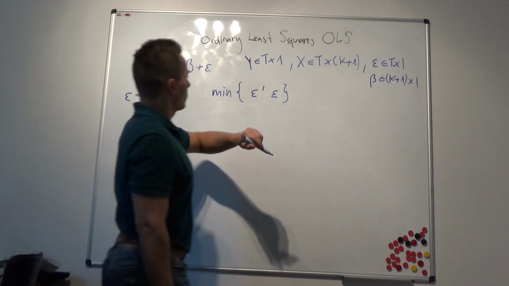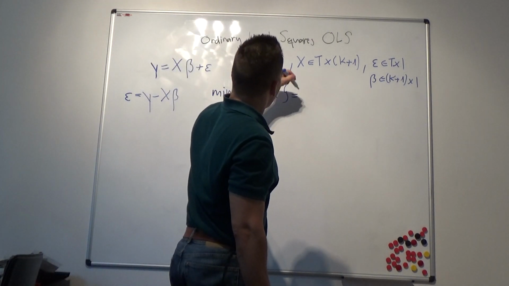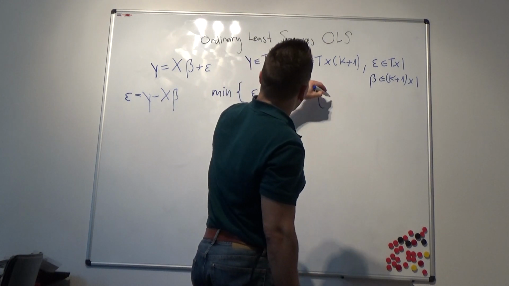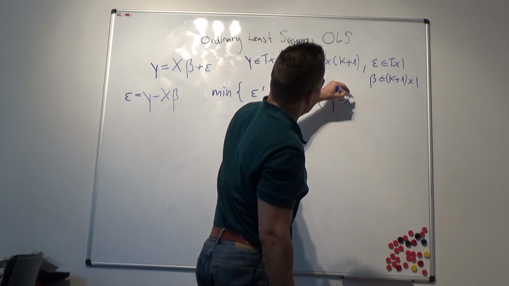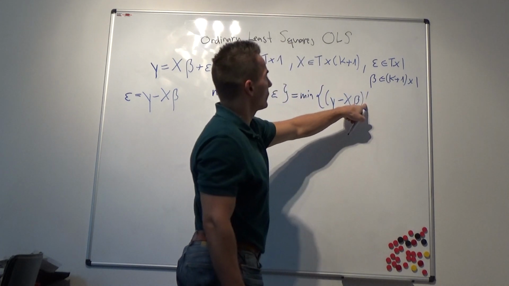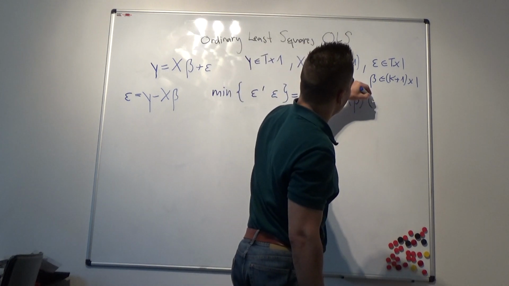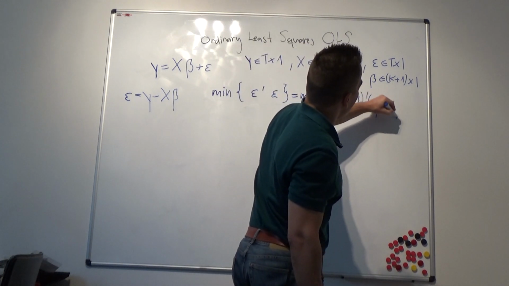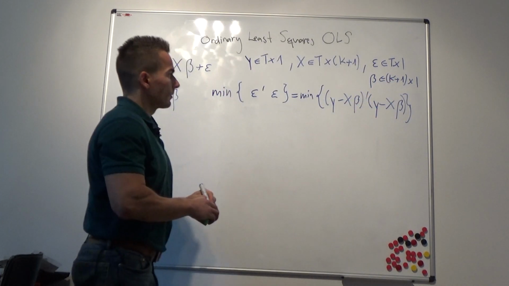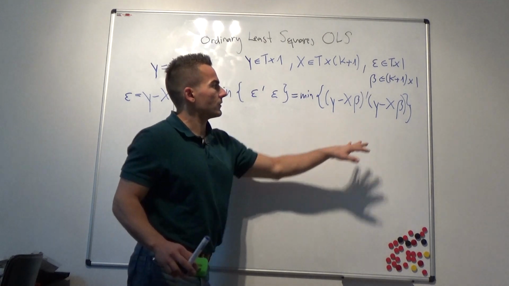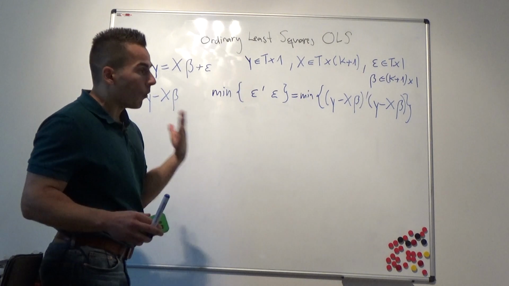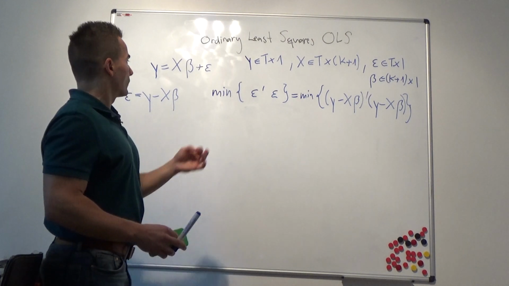So our function becomes a minimum of y minus X times beta, transposed, times itself, y minus X times beta. That's the objective function that we have to solve, or that the OLS point estimator aims to solve.